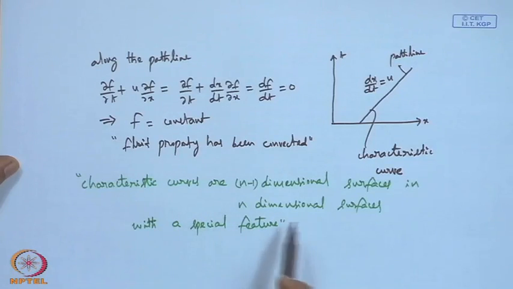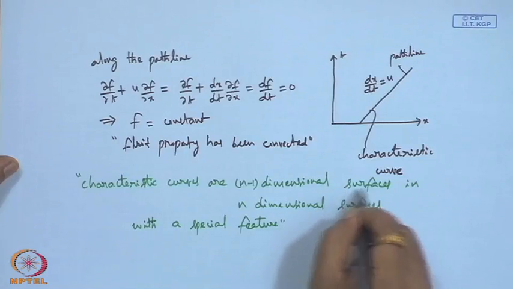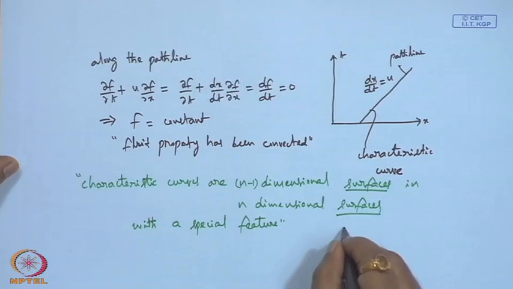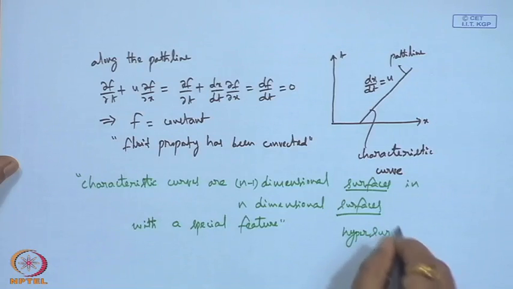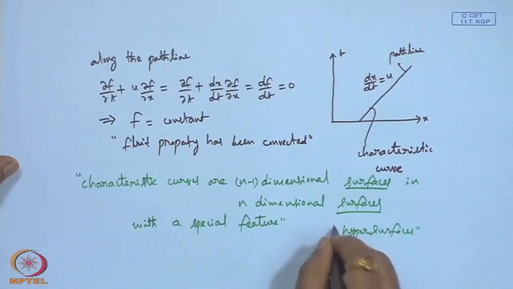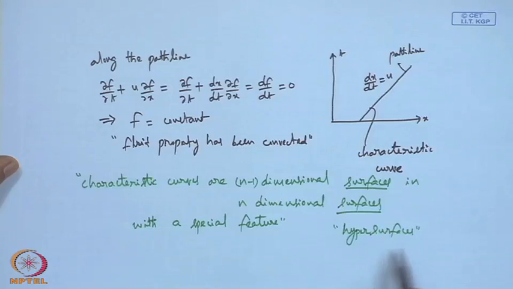This is a typical definition. When I say surfaces, these are hypersurfaces. Those who do not know, you need not worry, it is like more than 3 dimensions, x, y, z and t. So if you have 2 dimensions, the characteristic curves are 1 dimensional. If it is 3 dimensions, the characteristic curves are 2 dimensional, with a special property.